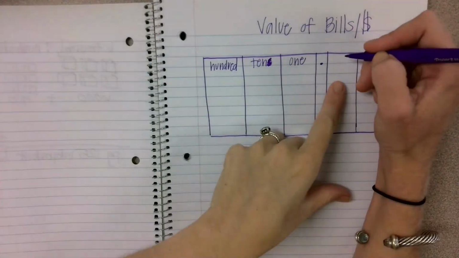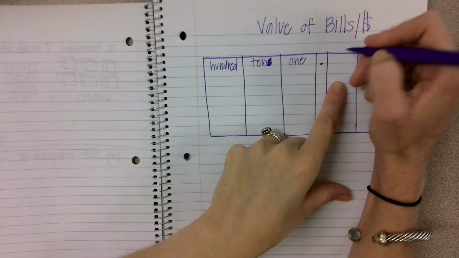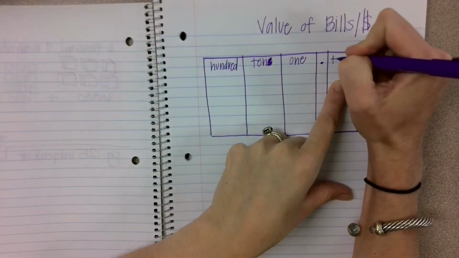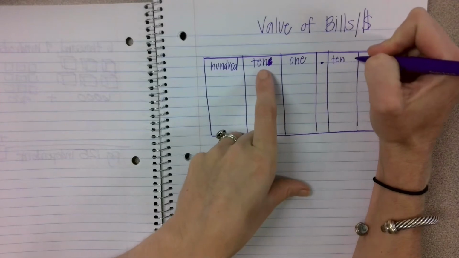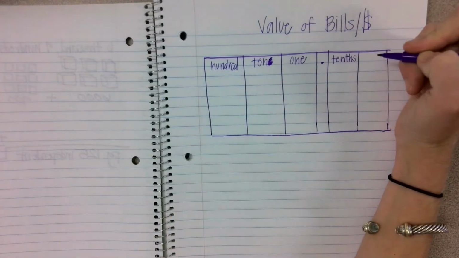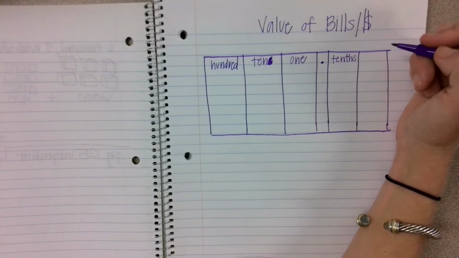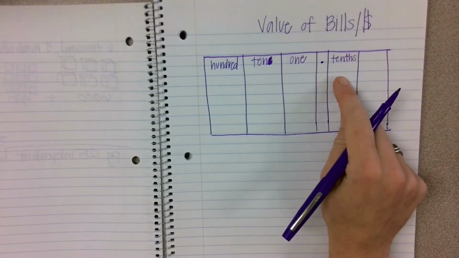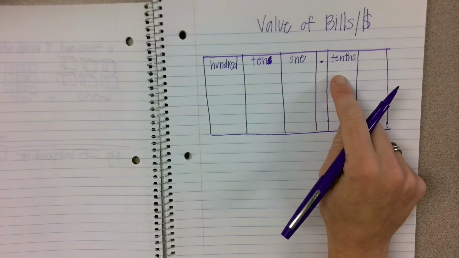Okay, and then one place value to the right is my tenths. As you can see here, it looks like ten, but you put a THS on the end. There is no such thing as oneths. We're not going to use oneths.